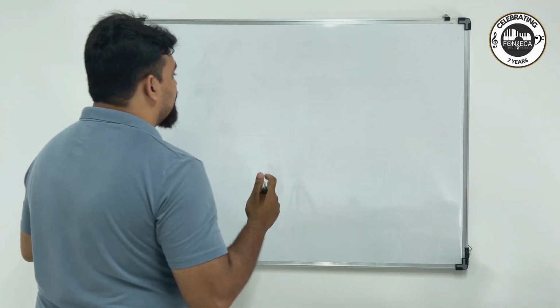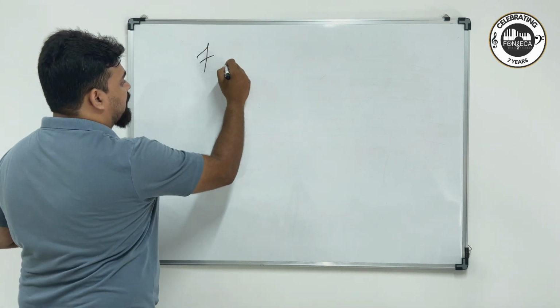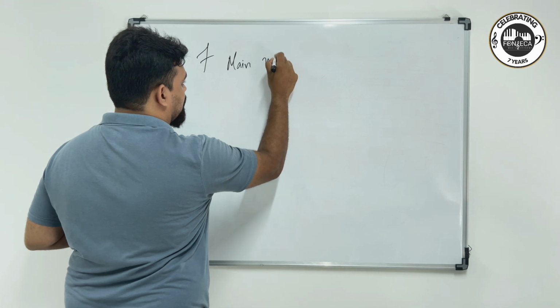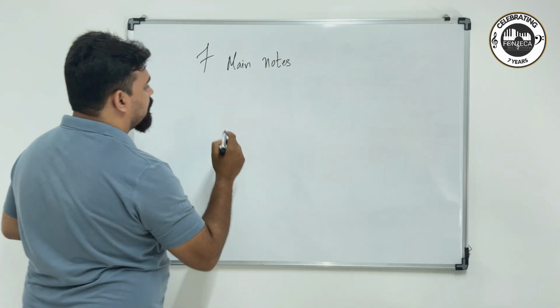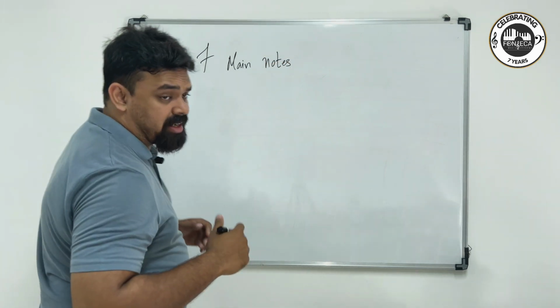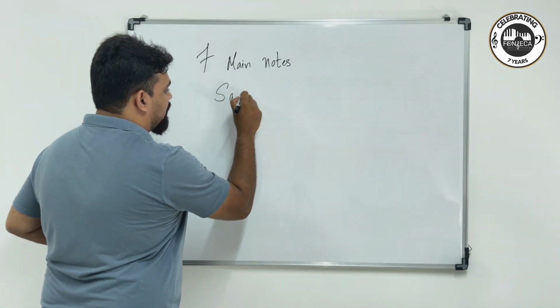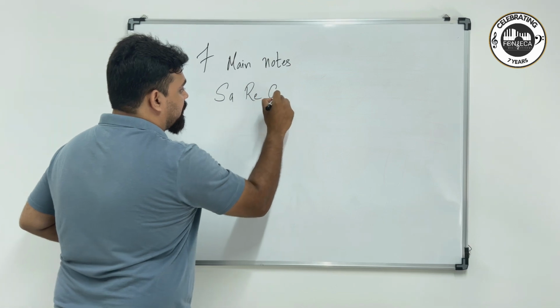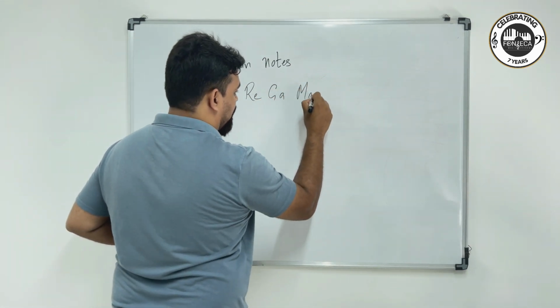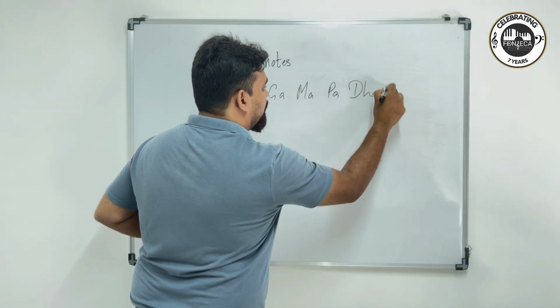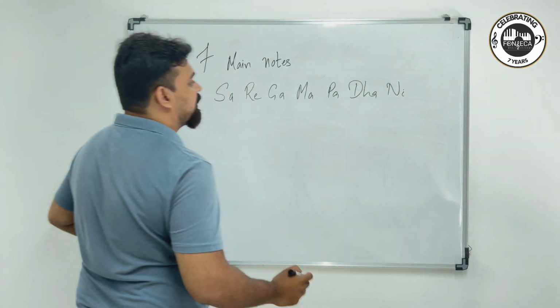So, music has 7 main notes. If you look at Indian classical music, it contains sa, re, ga, ma, pa, dha and ni.